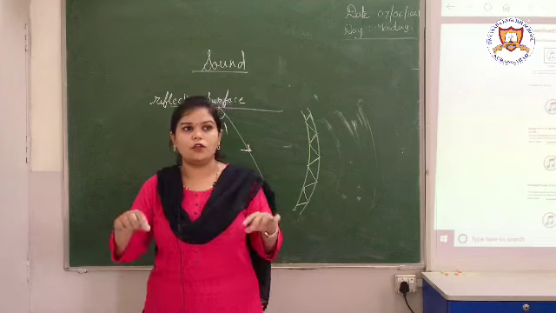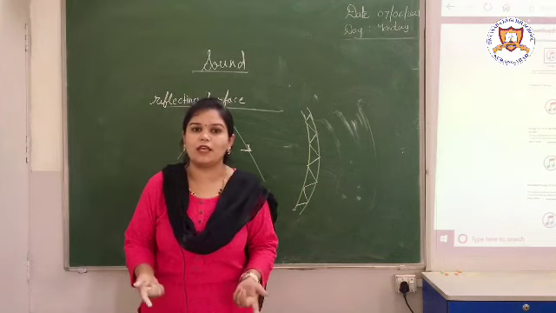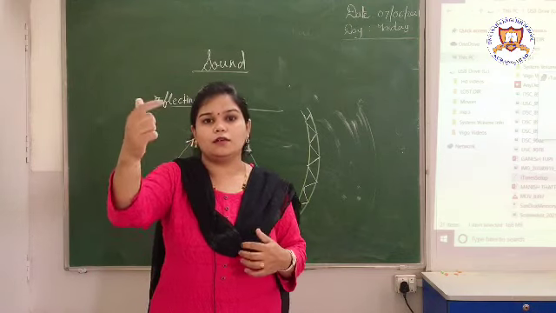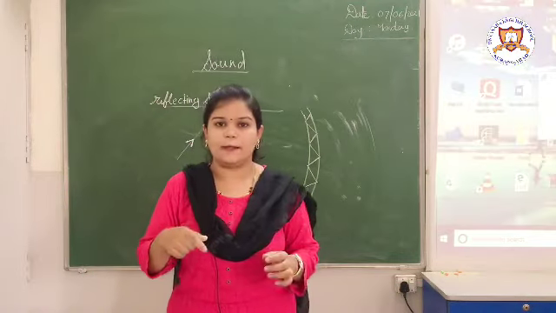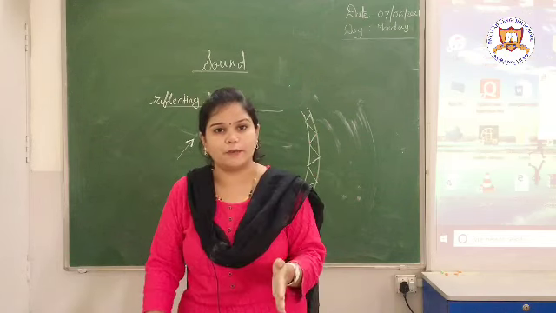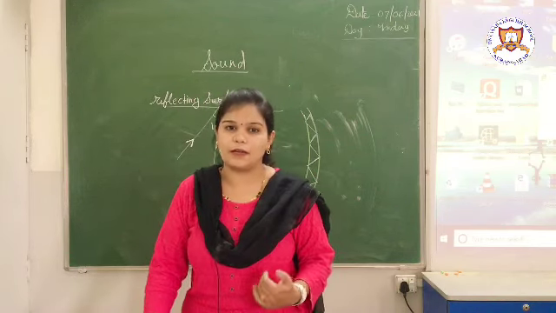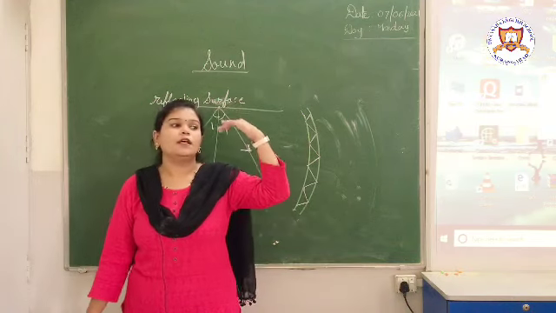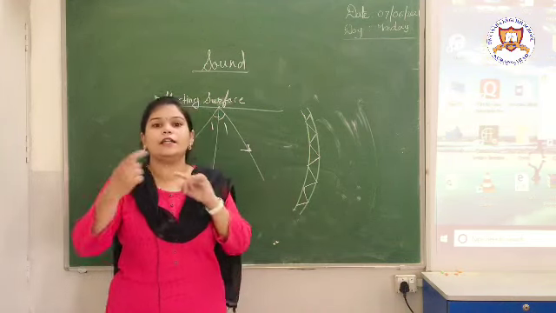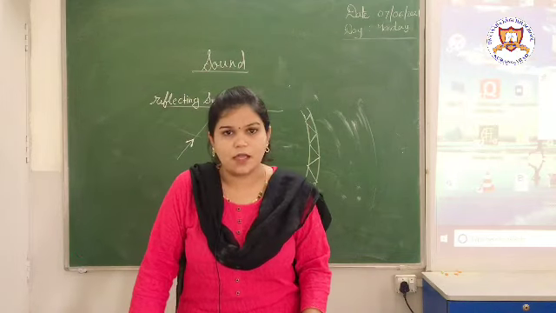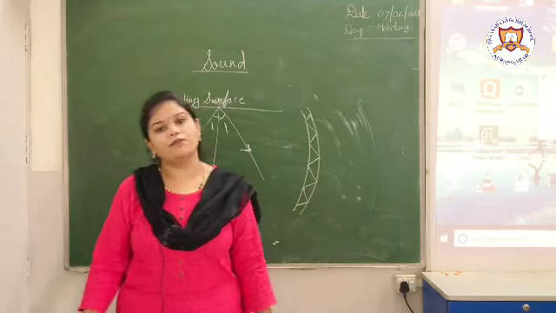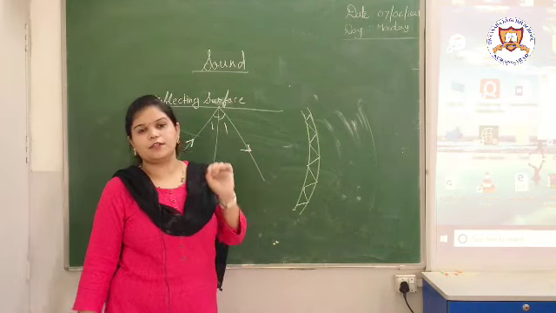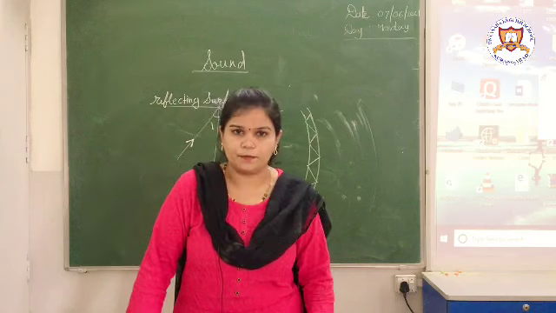Suppose in open space I am speaking, then other students or persons at the same distance are not able to hear that sound as clearly as in an auditorium. But in an auditorium, because the roof is made such that there is continuous reflection of the sound, we can call this reverberation. Reverberation also comes under the reflection of sound.